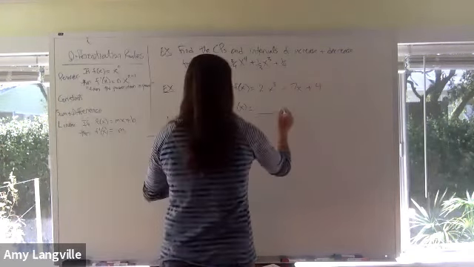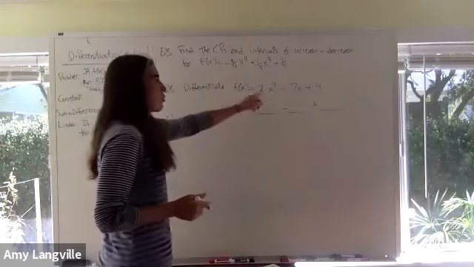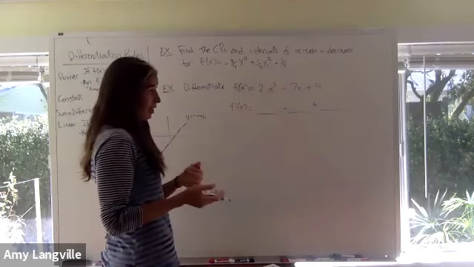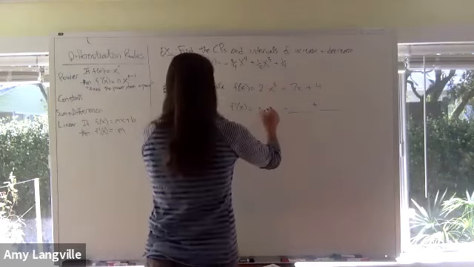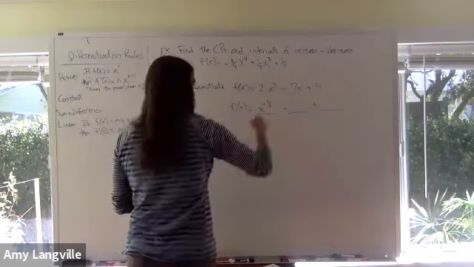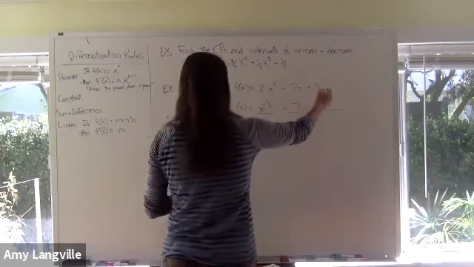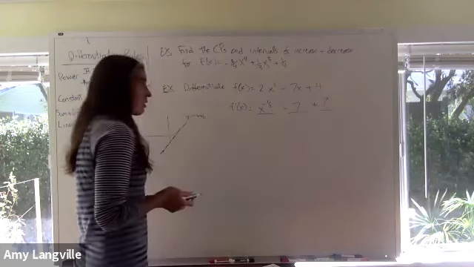And then I see there are 3 pieces. The first one's times the power, down a power: 2 times 1/2 is 1, and then x to the minus 1/2, subtracting. This next one is the linear rule, so any constant times x is just that constant. The last one is the constant rule. The derivative of a constant is 0.